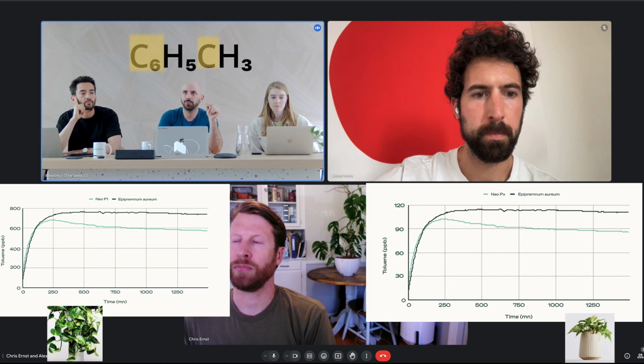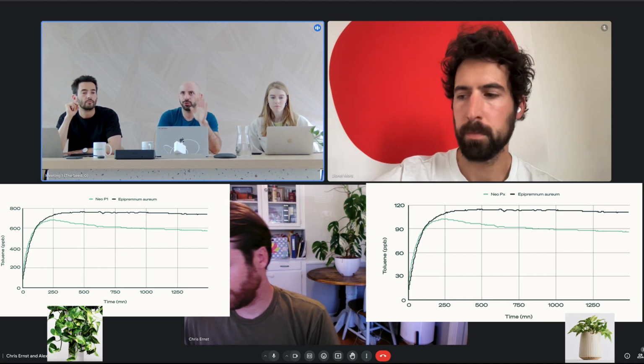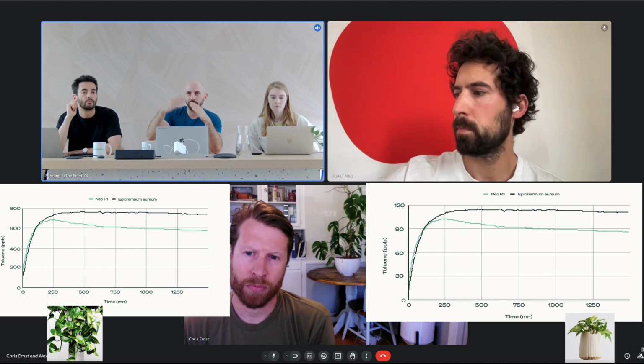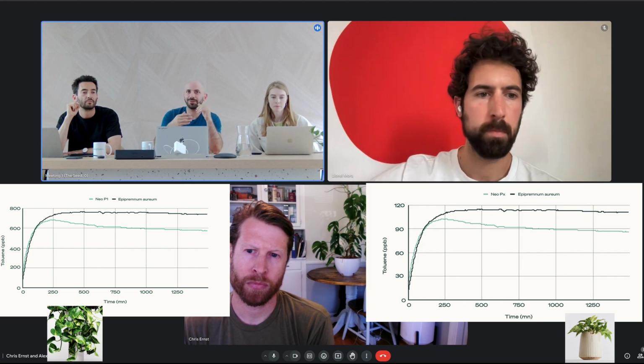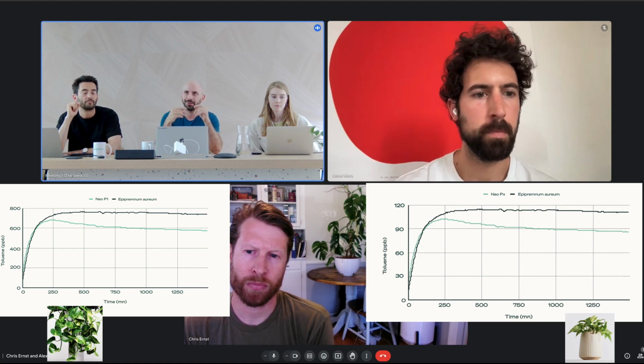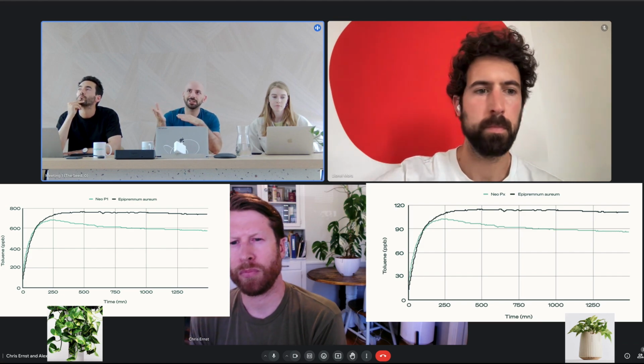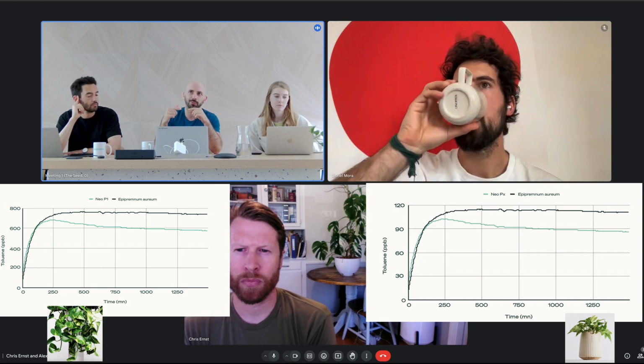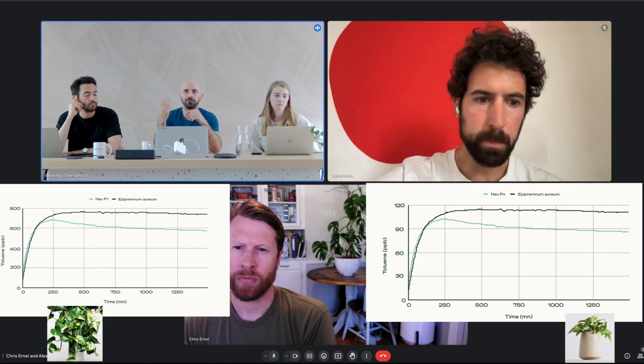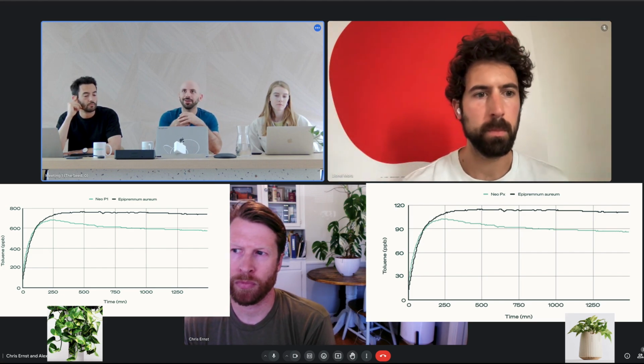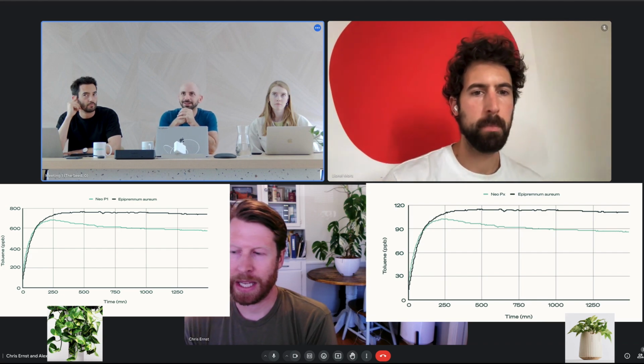Toluene has 7 carbon atoms, and the data from the machine gave us the raw data. We forgot to simply divide the results by 7. So we counted the amount of carbon that was absorbed, not the amount of toluene molecules that was absorbed. Does it make sense? Yeah, it makes sense.